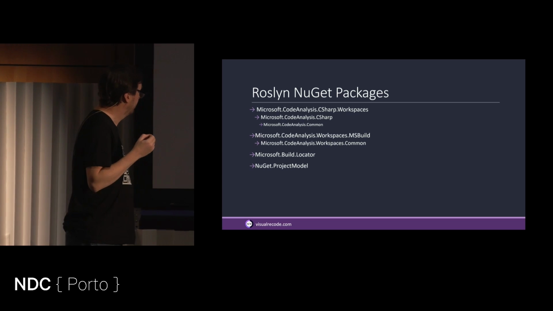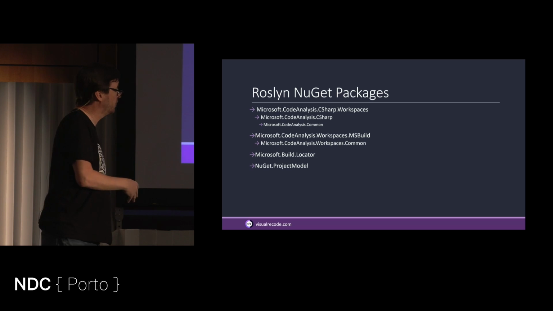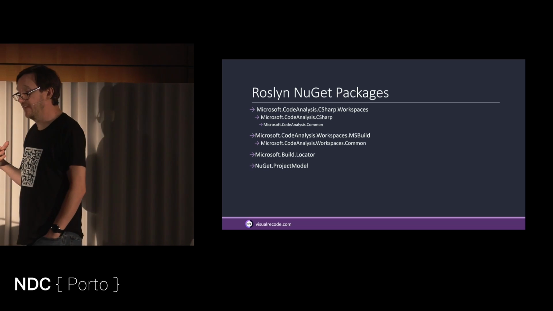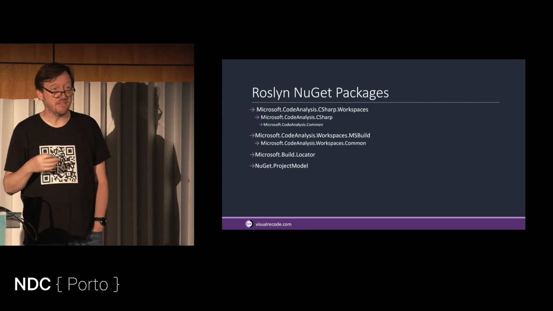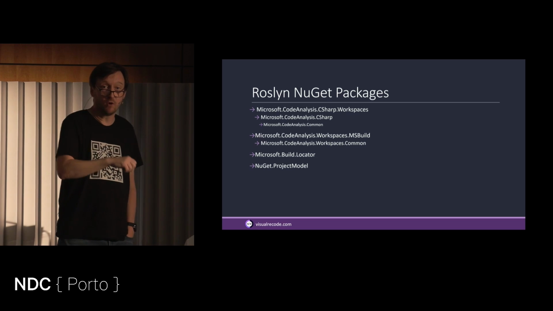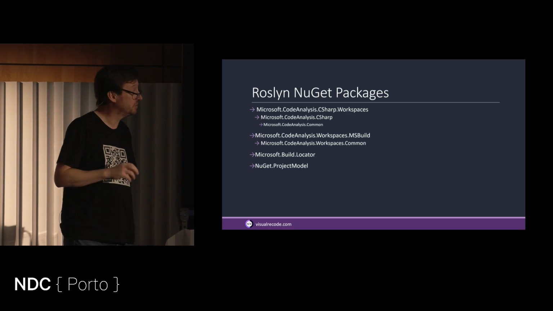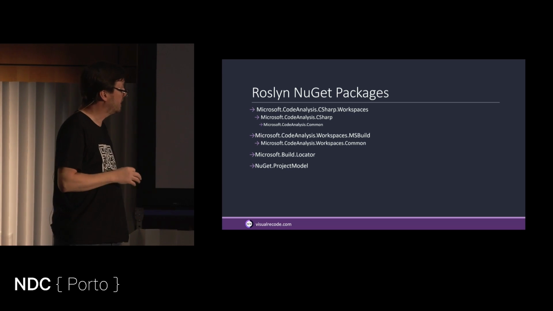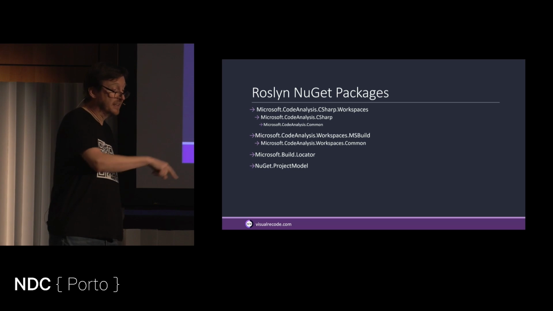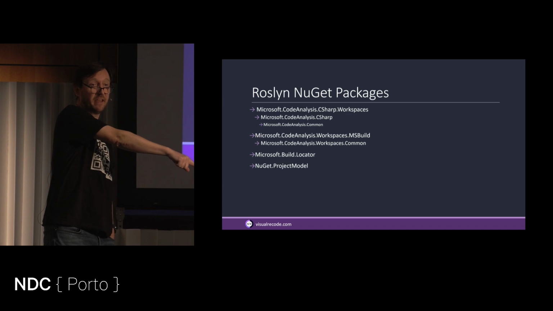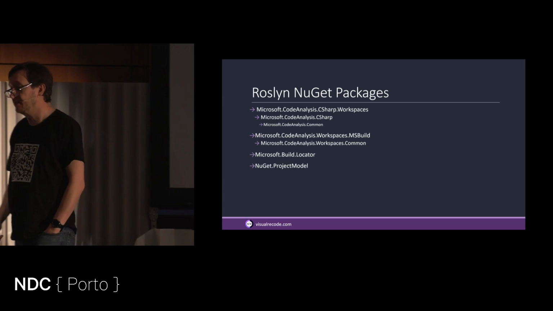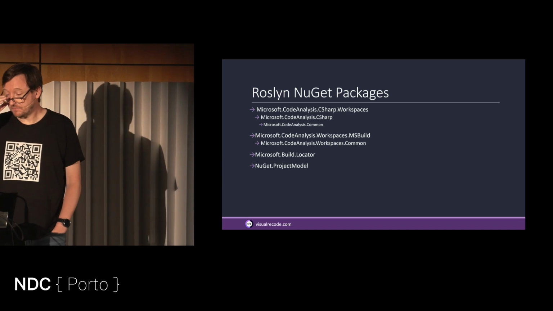And then there's also Microsoft.CodeAnalysis.Workspaces.various things. There's an MSBuild, and there's an ad hoc, and there's a Visual Studio one, but that only works if you're working on a Visual Studio extension. The MSBuild one is the most useful one, because that's the one where you can say, hey, see that .sln file there, open that and do your thing. And so that's what we're going to be looking at today.